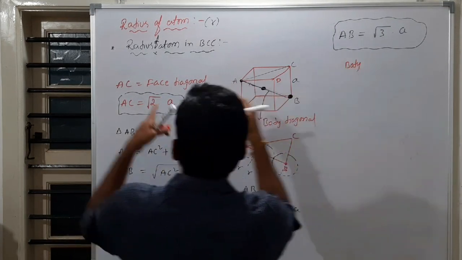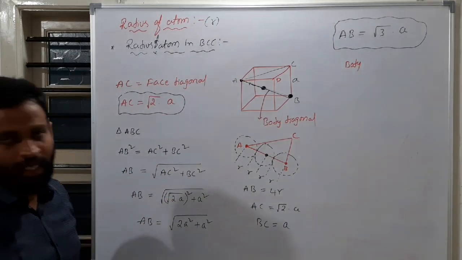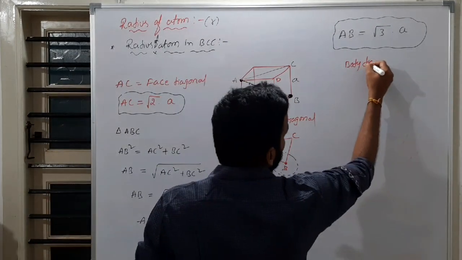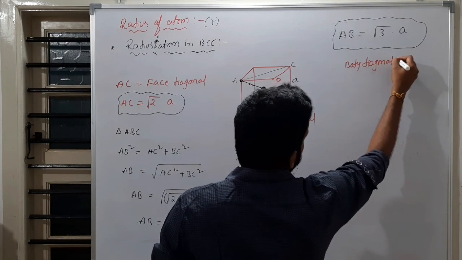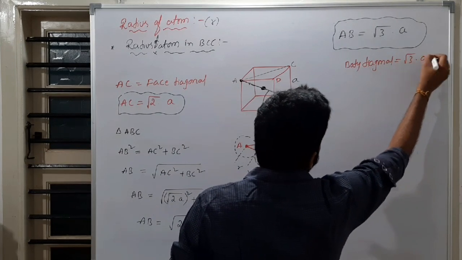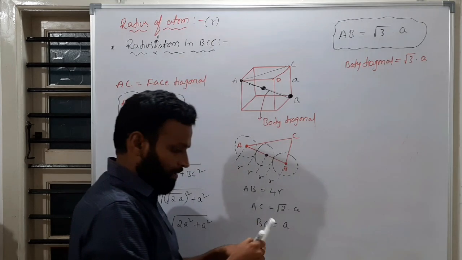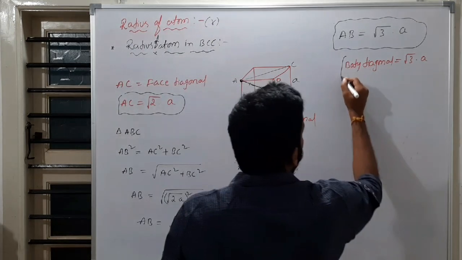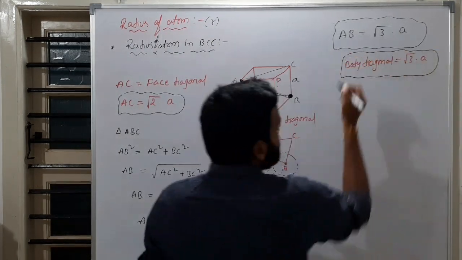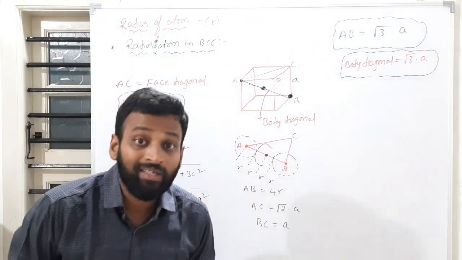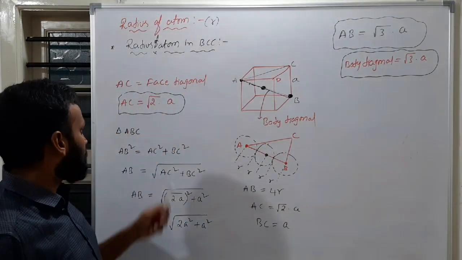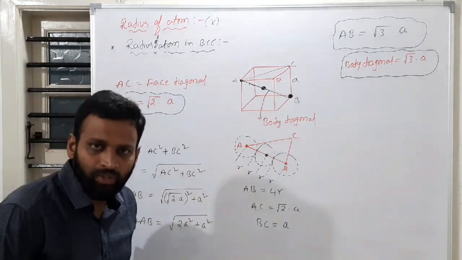What is the face diagonal formula? Root 2A. What is the body diagonal formula? It is root 3A. Simple story, and it's very, very important for us. Body diagonal is root 3A, face diagonal is root 2A. Understood, sir?